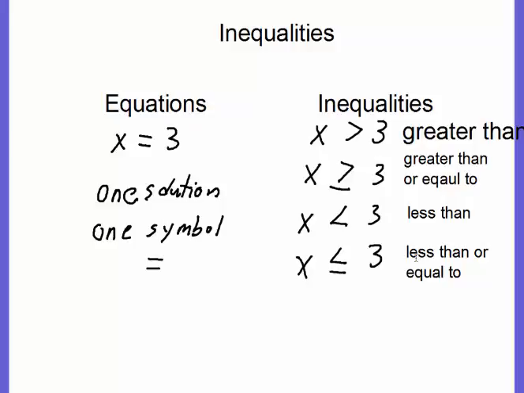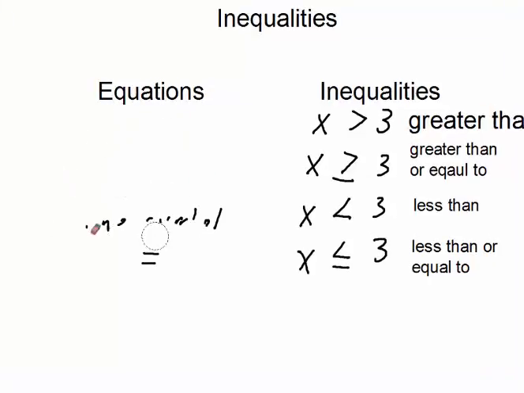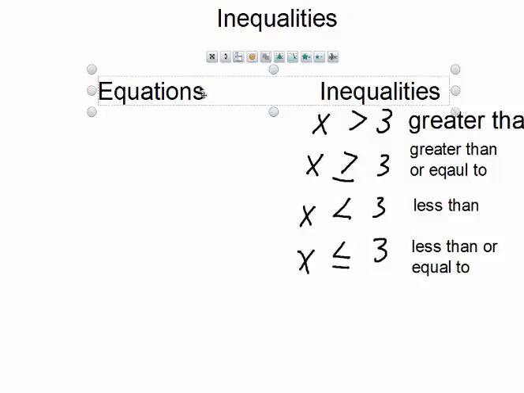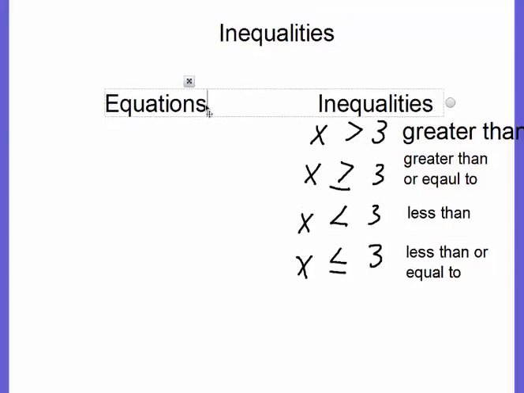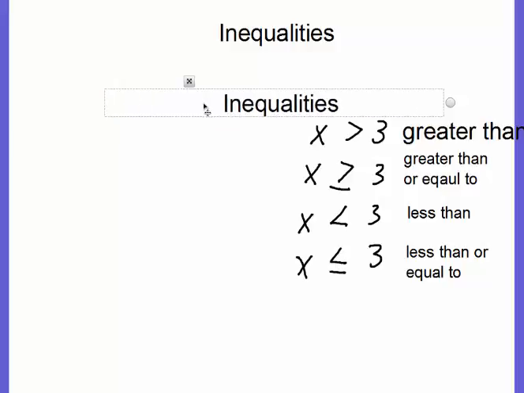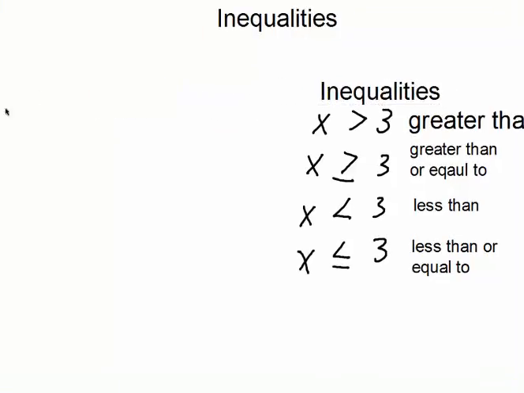But in reality, the only thing that's changing in any of these problems is our solution. When we talk about inequalities, the one thing you have to remember is what the answer is telling us. If we look here, this tells us that x is greater than 3.